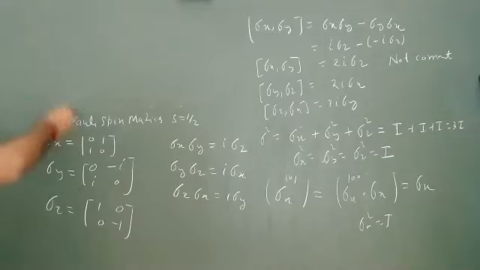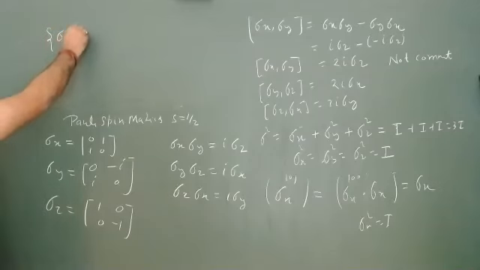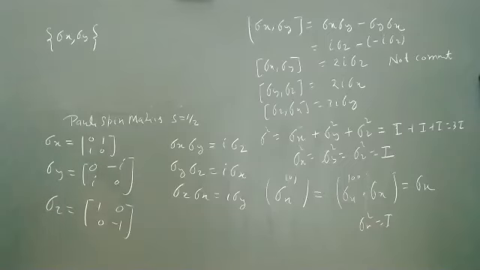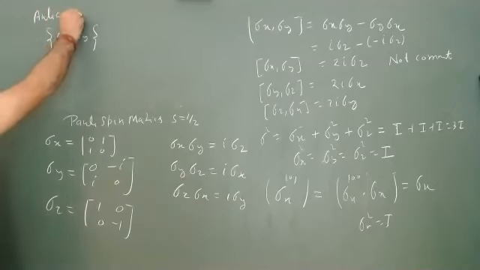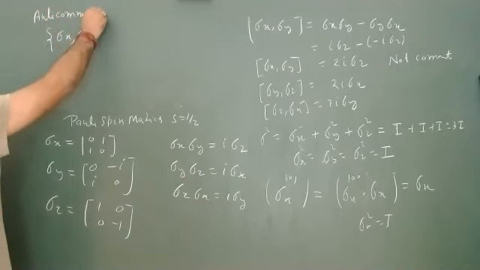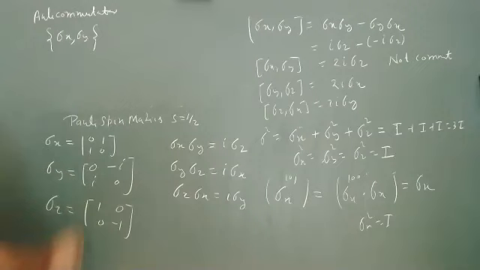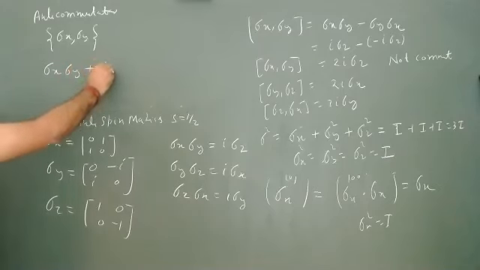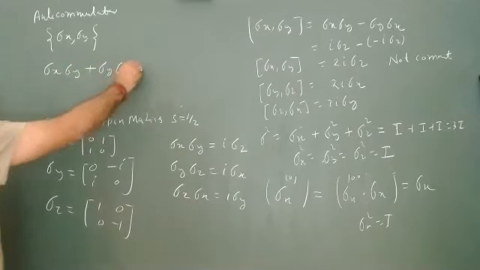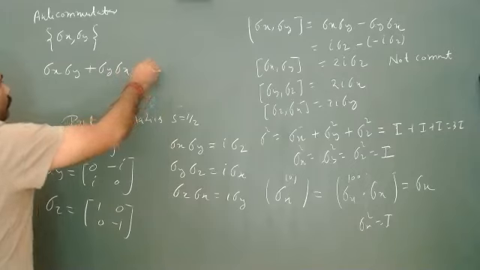You can easily figure it out. What is anti-commutation? Sigma x, sigma y. If I write this kind of bracket, or in examinations they will write anti-commutator. So we have sigma x sigma y plus sigma y sigma x, and that will be equal to 0.